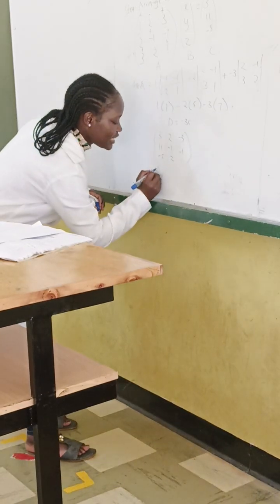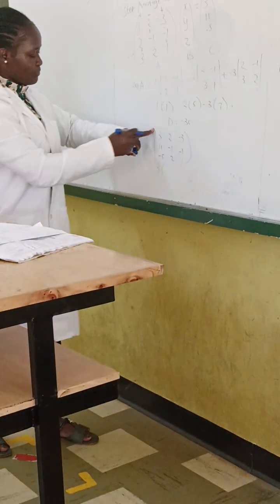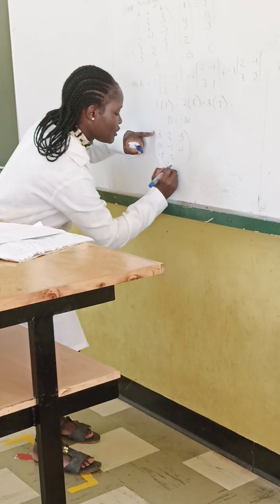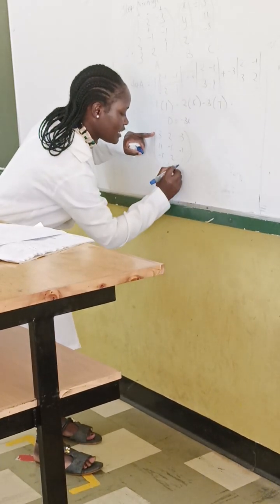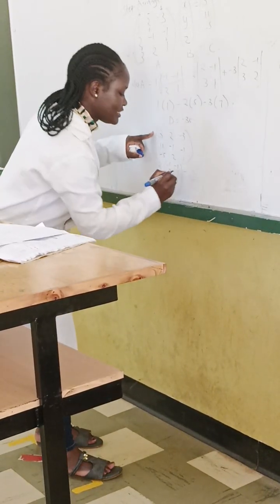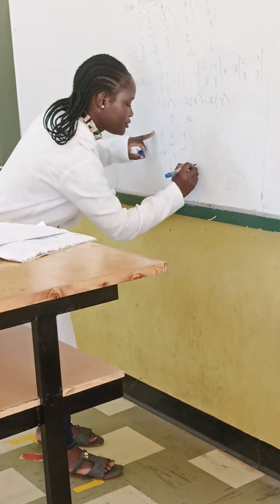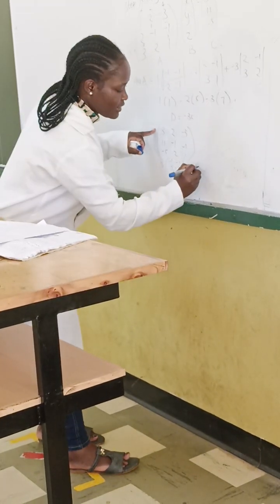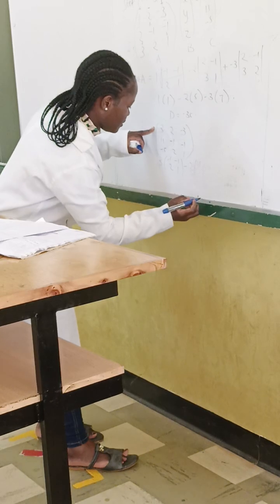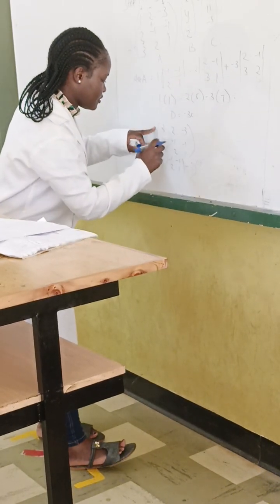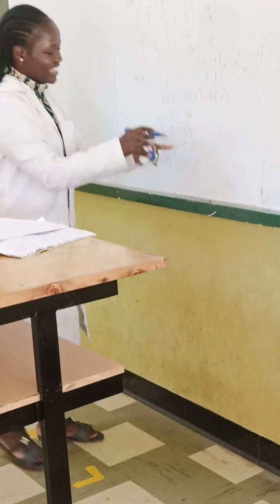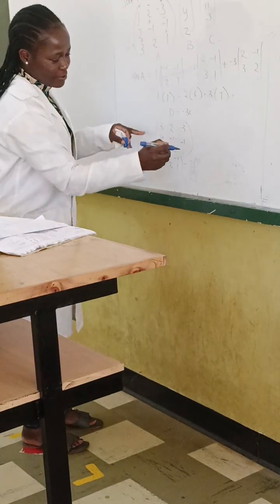So we'll have 3 into negative 1, negative 1, 1, minus 2 into 11, negative 1, 2. Okay, you tell me so that I know where I'm placing them.